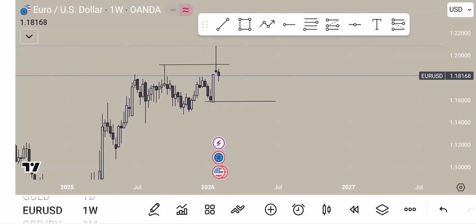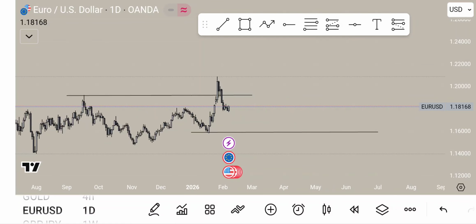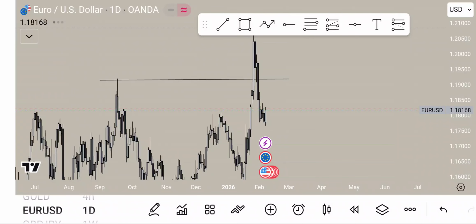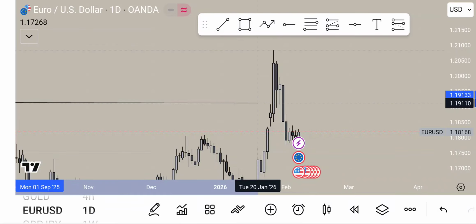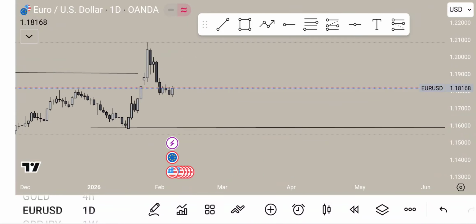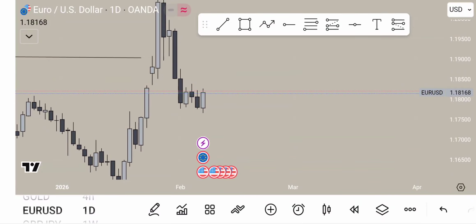So let's move ahead. Let's go to the 1 day time frame and see what the market is telling us. In the 1 day time frame, there's something here, which is this fair value gap.